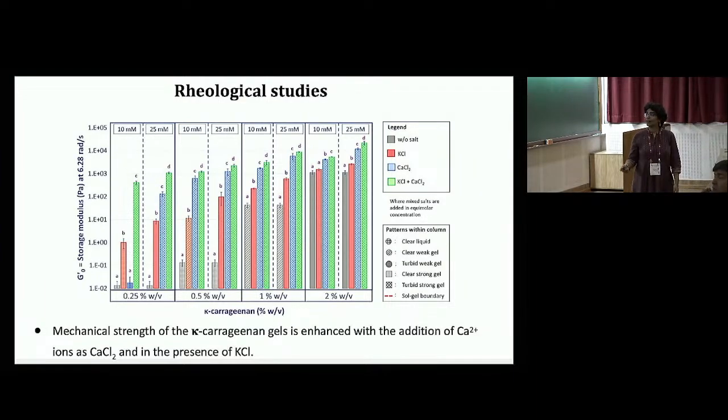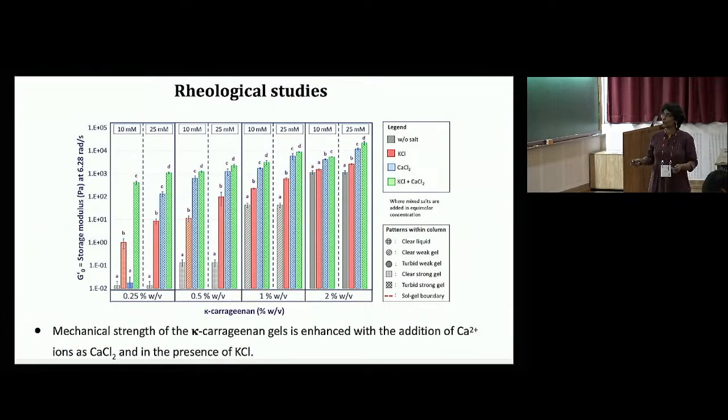So we measured the equilibrium modulus of these materials. The dissimilar letters are significantly different, versus the same letters, which are not significantly different. You can see that, in exact line with our visual observation, when we have the 25 millimolar salts, we have the highest modulus, whether it is the single salt potassium chloride or calcium chloride or the mixture.